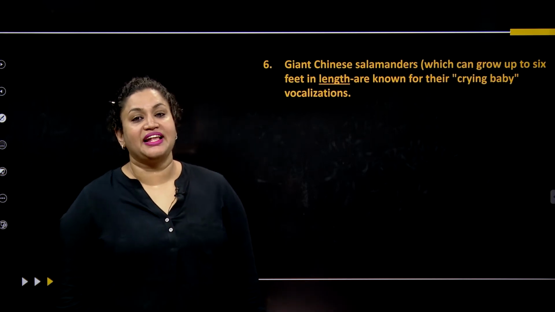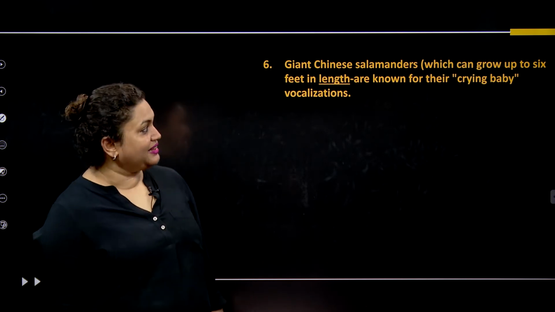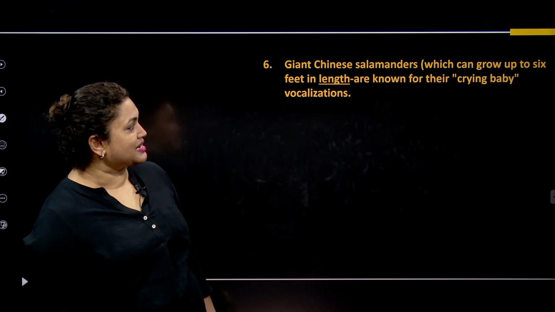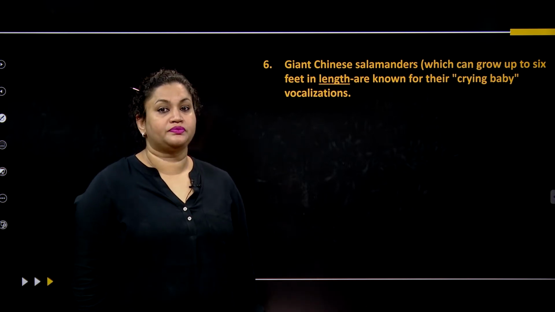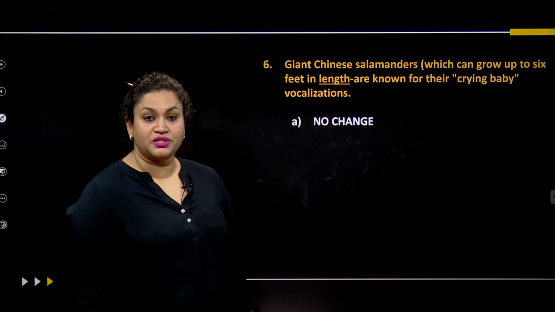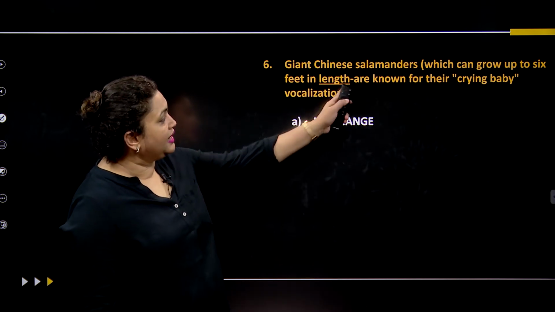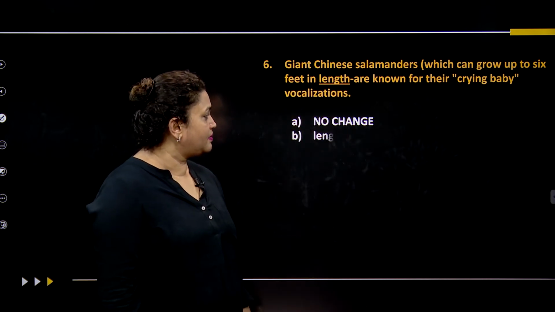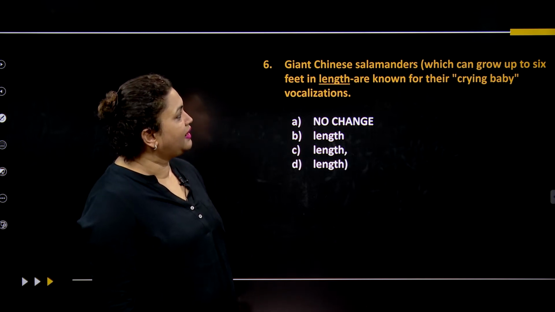Giant Chinese salamanders, which can grow up to 6 feet in length, are known for their crying baby vocalizations. Let's have the options. No change. Where do we have it? In length, and then it says length, length, and then length.